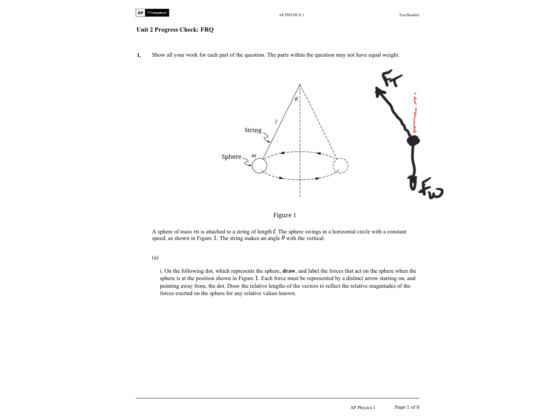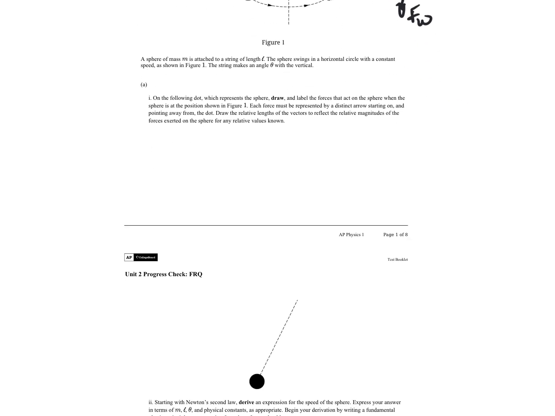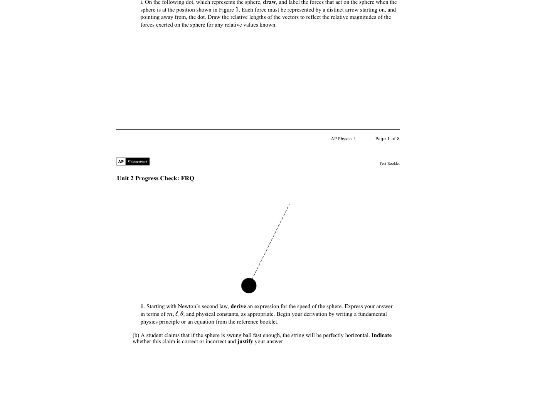Now, on the next problem, of course, this is going to be the phrase that you guys are going to learn to hate, I'm guessing. Starting with Newton's second law, derive an expression for the speed of the sphere. All right. So, with that, let me see if I can scroll up a little bit. Yep. All right.